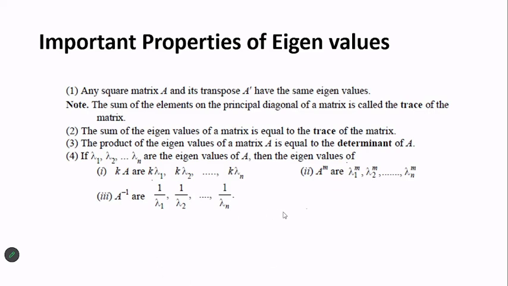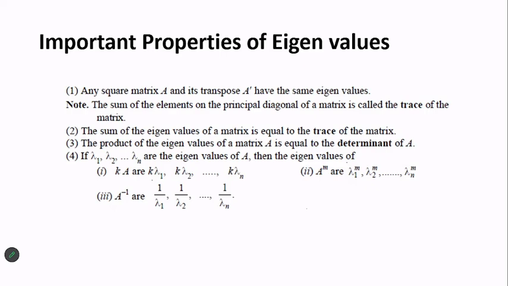Right? So likewise, if we are going to consider any power of our matrix, let's say now our original matrix is A, and now we are going to consider A to the power 2. That means matrix A is going to be multiplied by itself. For the new matrix, the new eigenvalues will be powered by the same scalar.